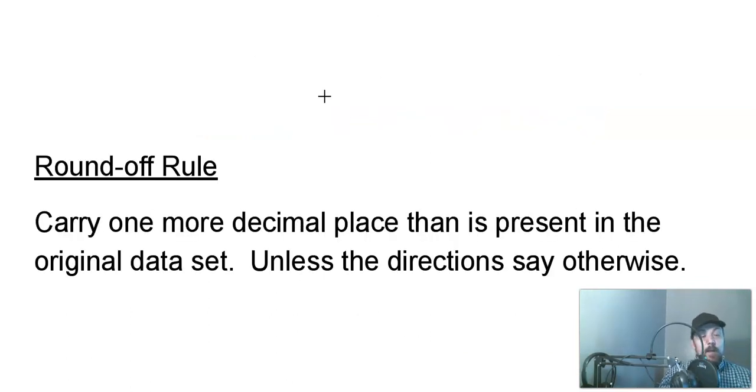The round off rule still applies, as I mentioned. For your final results, you want to go one more decimal place than what's present in the original data. But for further calculations, you want to keep all the decimal places. Students run into trouble with that on my stat lab because they're going to be asked for multiple things. And so they'll say, well, when I was asked for the mean, I rounded it to one decimal place.